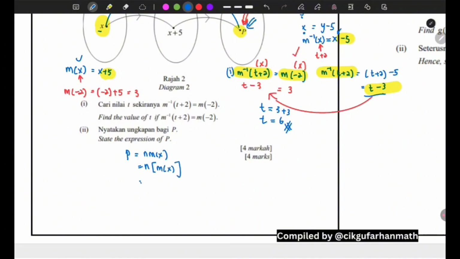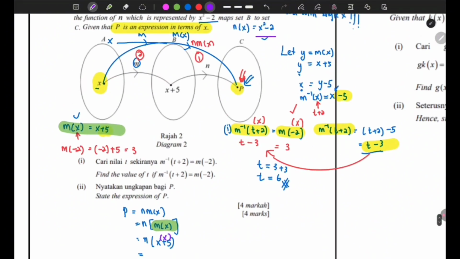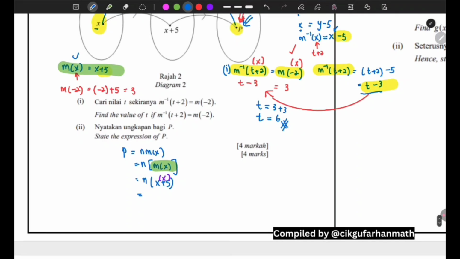And now you got the mx, which is here, x plus 5. And you can substitute here. And whatever inside the bracket is just your x. Here's nx, x squared minus 2. And what's your x now? x plus 5. x plus 5 squared minus 2. You want to stop here or you want to expand?